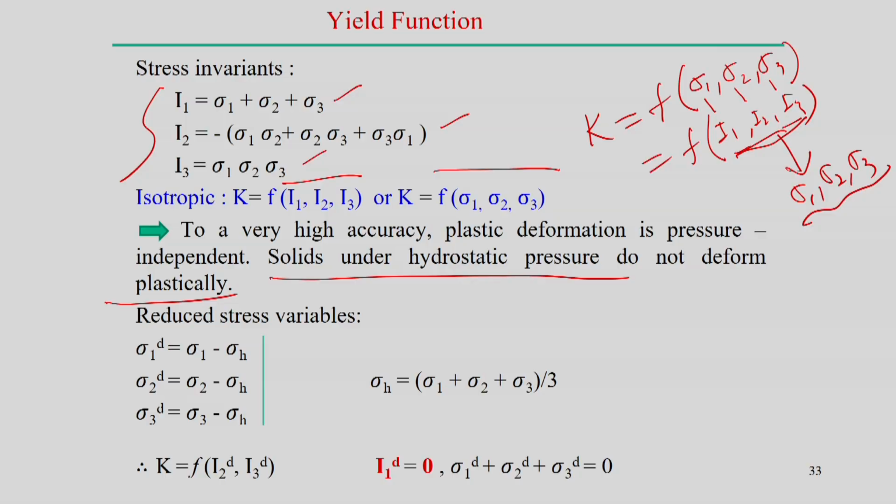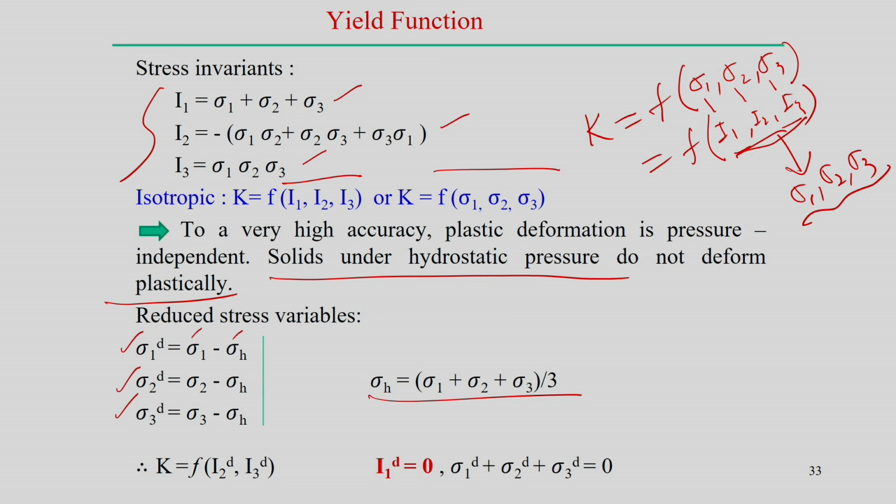If we look only at the deviatoric component, sigma 1d is the actual principal stress minus the hydrostatic stress component. Similarly, we represent all three deviatoric stress components this way, where the hydrostatic stress is the average of the principal stresses, as we have already discussed.